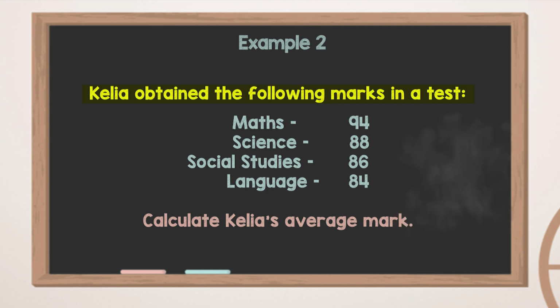What did we say is the first step to finding average? Find the sum of all given numbers. Step 2, divide the total by the number of addends.